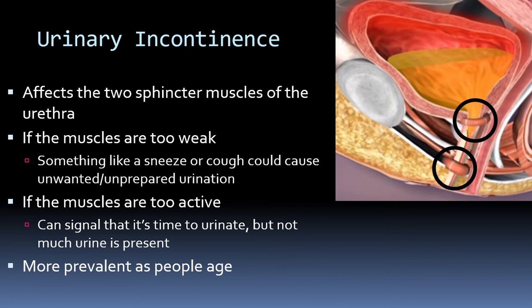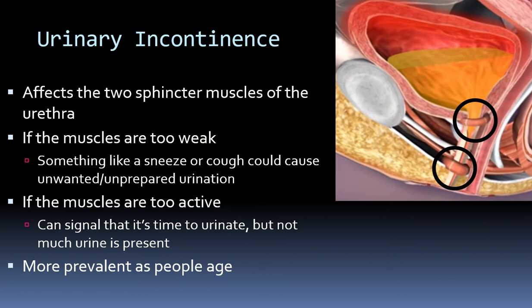These two muscles essentially help the body store urine so that it's not constantly releasing urine out, because there could be conditions where it's not advantageous for you to release your urine, and then there are moments where your body would be ready to release the urine you have stored. So basically, these muscles help you store your urine until you are ready to release it.